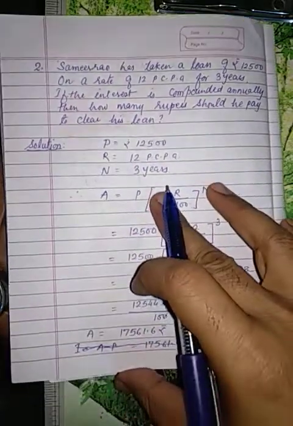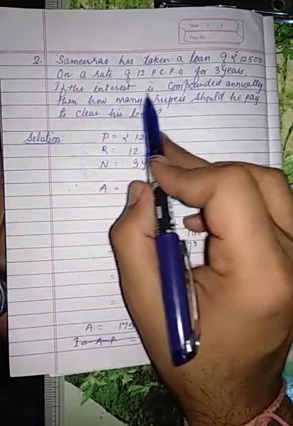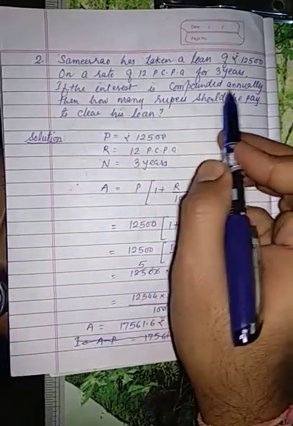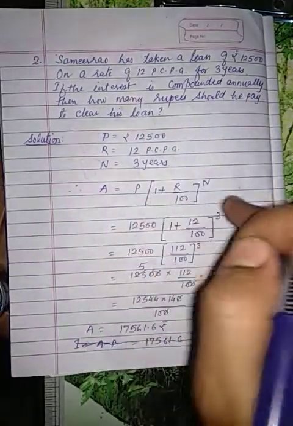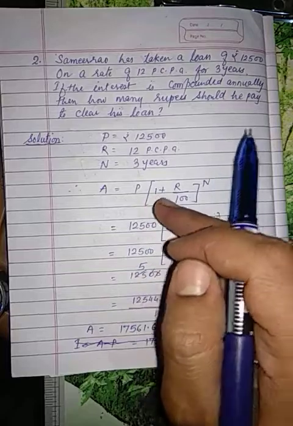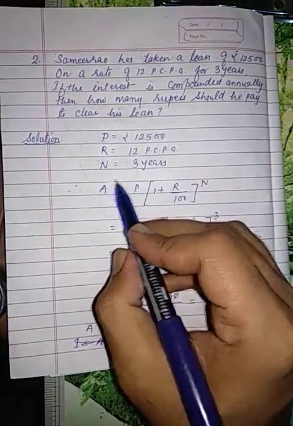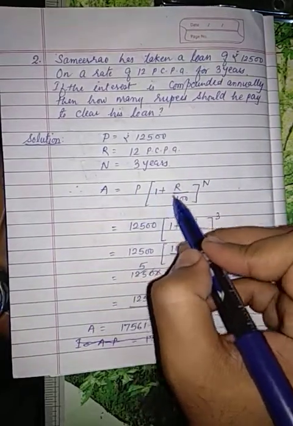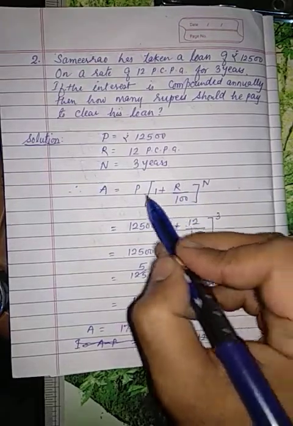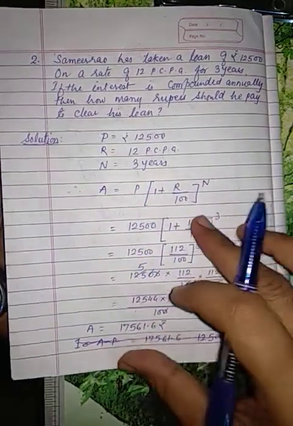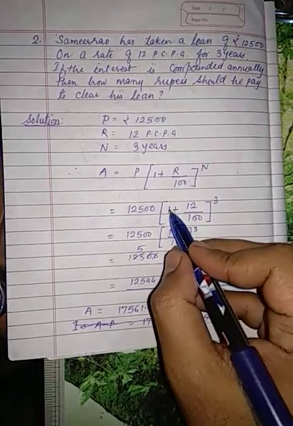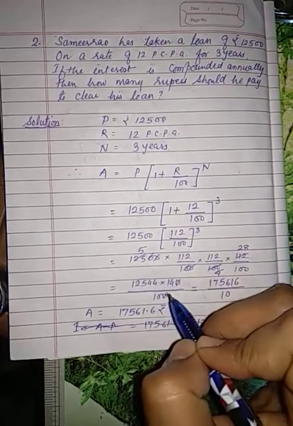Okay, now they are saying that interest is compounded annually. That means you have to use the formula for amount for compound interest. So A is P into 1 plus R upon 100 raised to n. Substitute all the values here. Okay, like the previous sum, cross multiply, 112 upon 100.